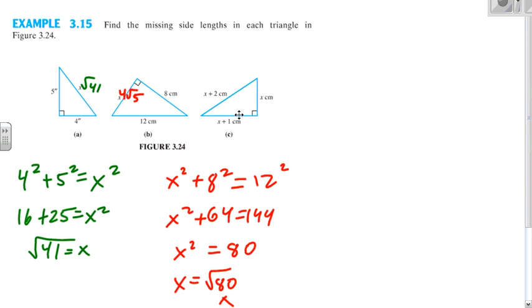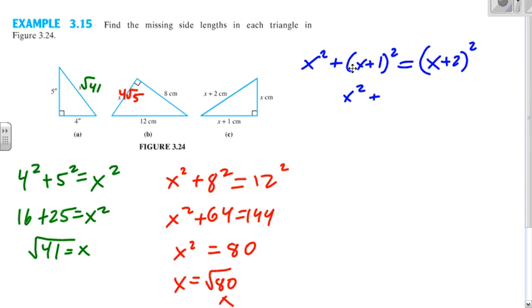And example C, they give us all three sides in terms of x, but we can still use the Pythagorean theorem. x squared plus (x plus 1) squared equals (x plus 2) squared. So this will involve some foiling, multiplying out these binomials.